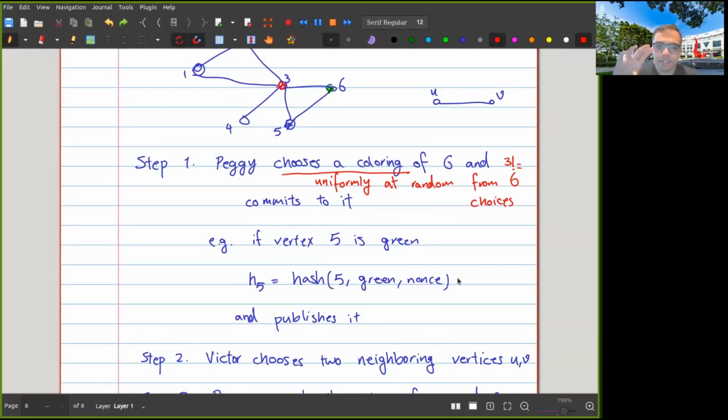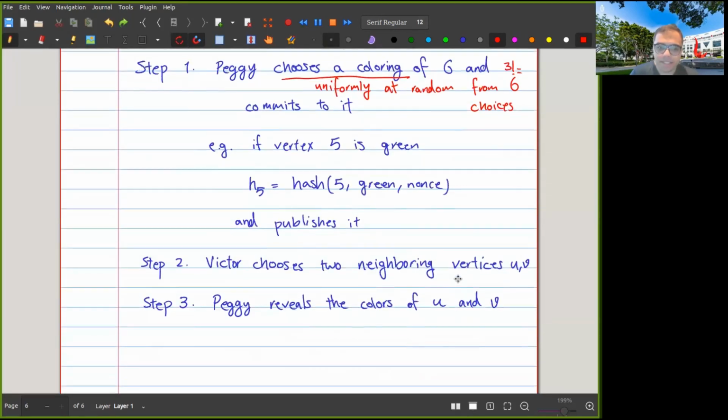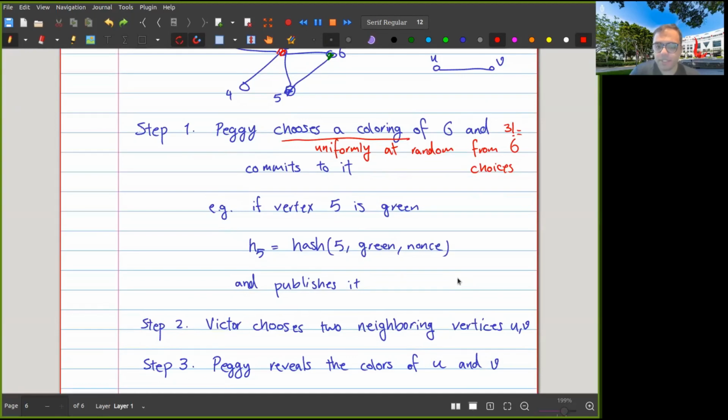She just had a coloring that gave different colors to U and V. So you see, this is convincing to Victor, but it's not convincing to someone else. It's not like Victor can take this and prove to someone else that he didn't fake the entire thing.